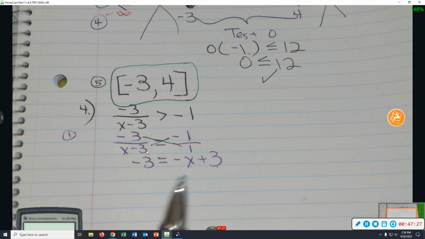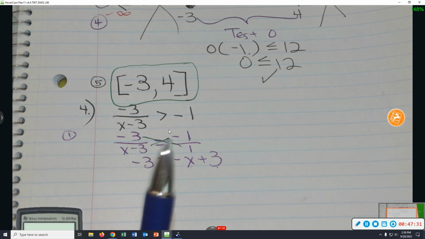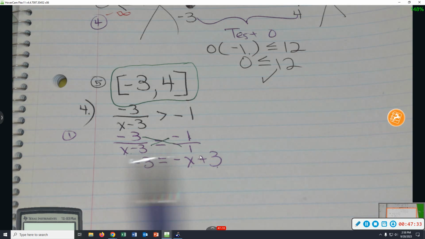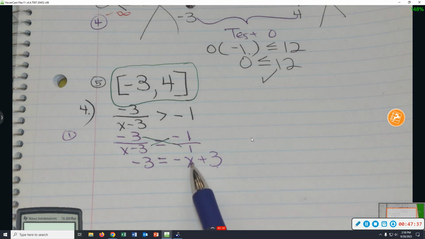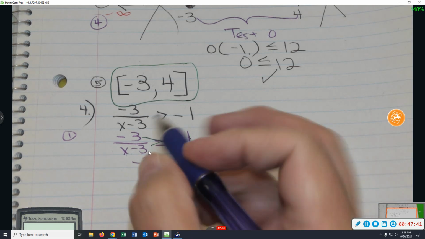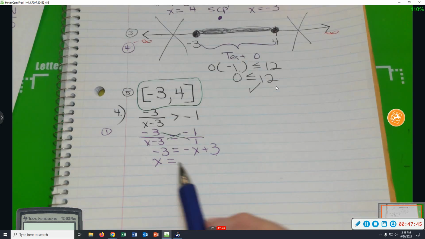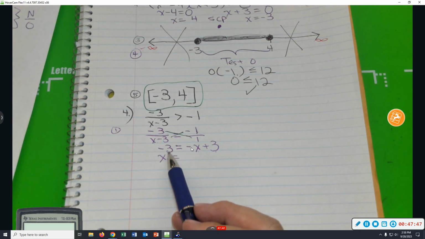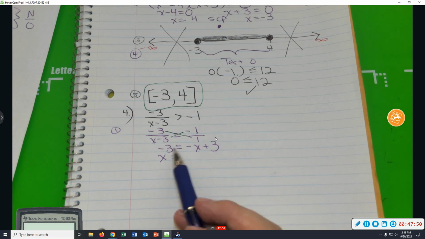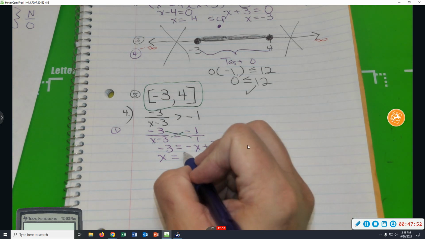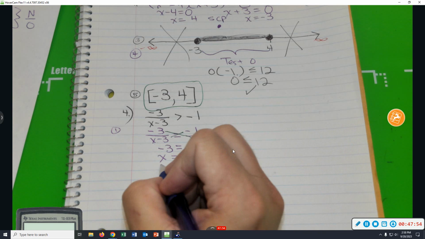There are no even multiplicities, the exponents on the factors. So I think the thing to do is to pick this x up and move it to the left, because it's going to give me what? When I move that over, it's going to become +x equals, what am I going to have to do with this? Add it. 3 plus 3 gives me 6, so I have one solution cut point.